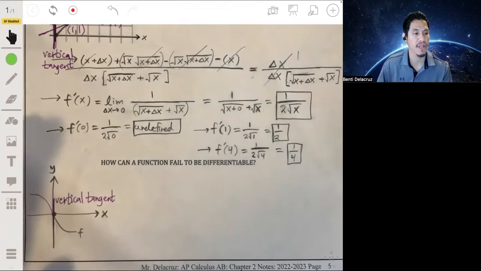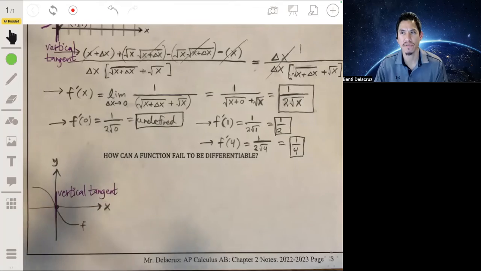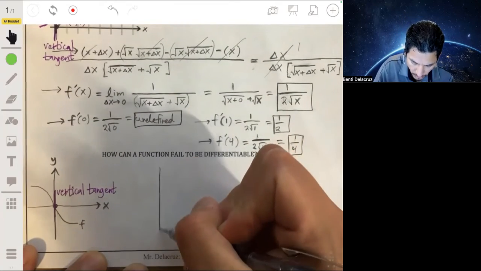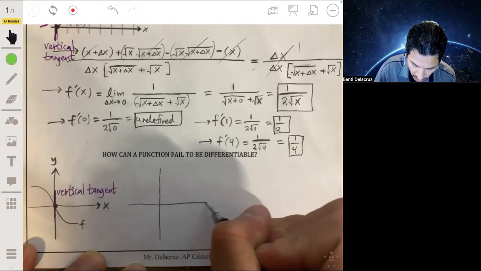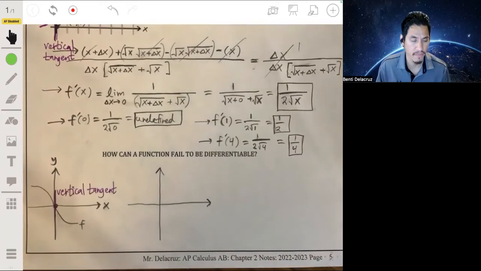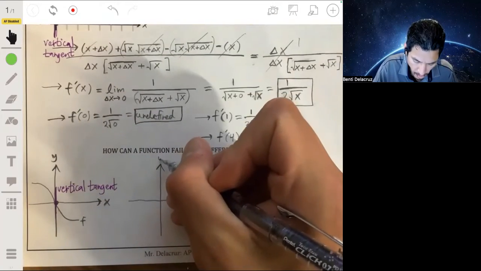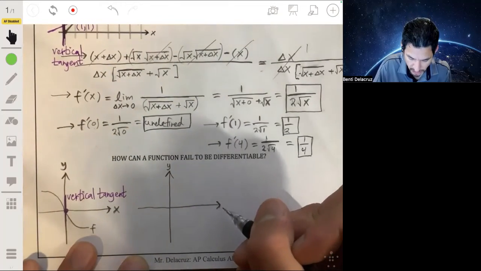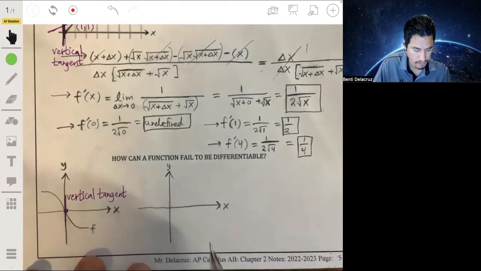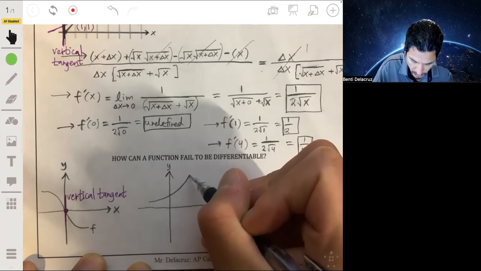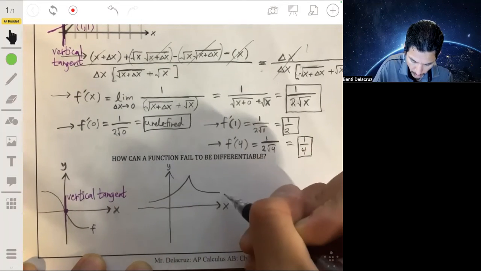Another case is where we have some sort of sharp point where the two sides of a function collide, or make a weird sharp cusp. So we say not smooth. It's not smoothly connected. So let's say we have maybe a graph that does something like this.